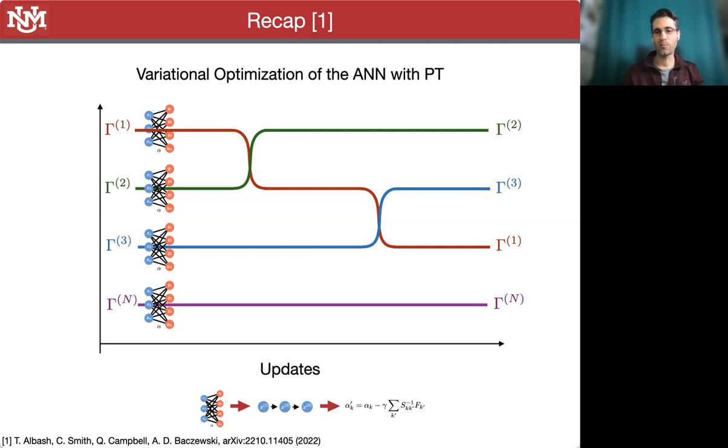Now what we're going to do is put parallel tempering on top of that. So we're going to say that you update according to stochastic reconfiguration for a fixed number of updates. And each one of these, let's say RBMs, is being trained according to a training Hamiltonian that has this noise parameter gamma.